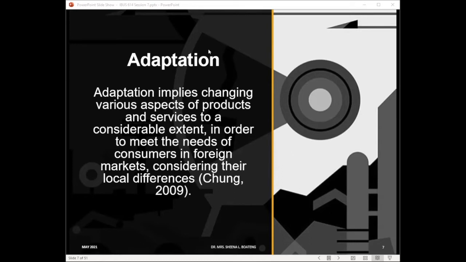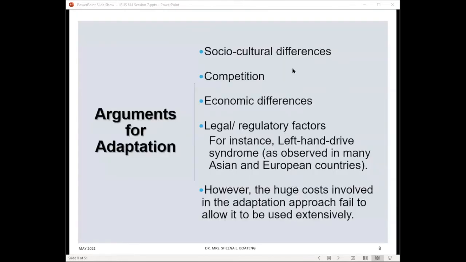Okay, so in terms of adaptation, just like for standardization, people have made arguments for adaptation, and they have said that, first of all, adaptation is necessary because there are socio-cultural differences that we cannot escape all over the world. And these differences determine the individual nuances and perceptions and preferences of consumers, which are inescapable for any firm that is marketing any product or service to a consumer in these markets.